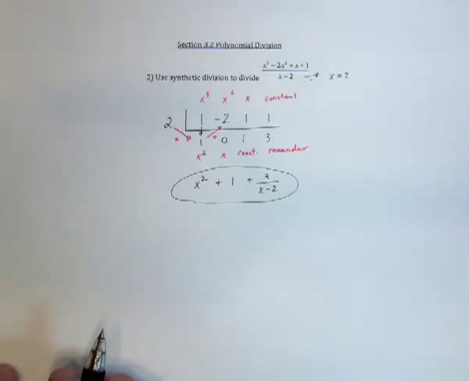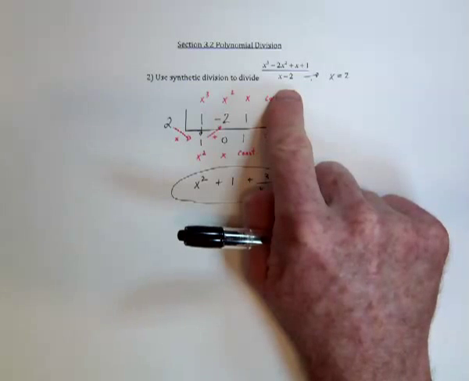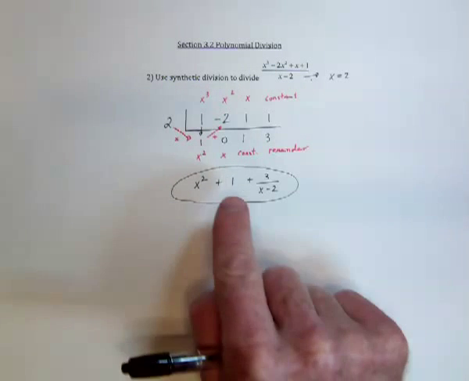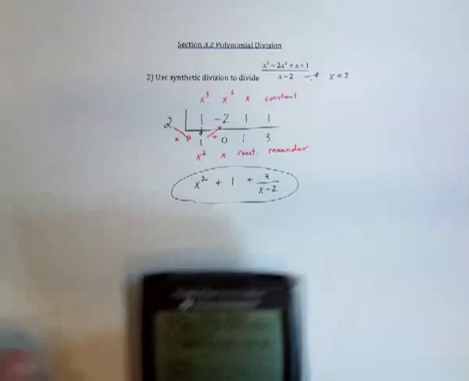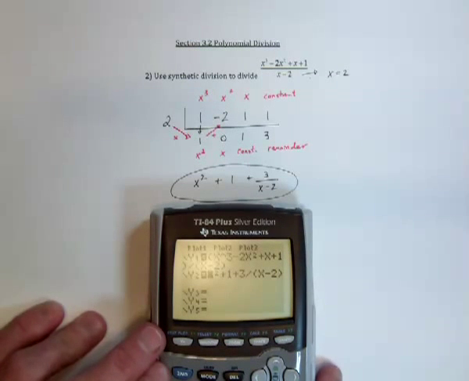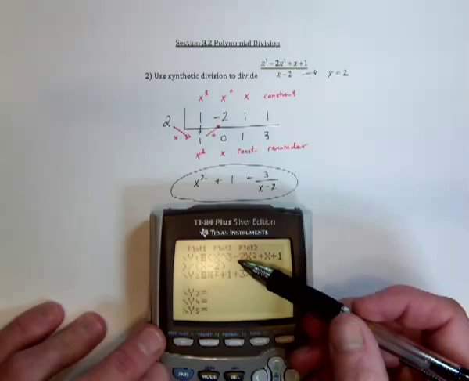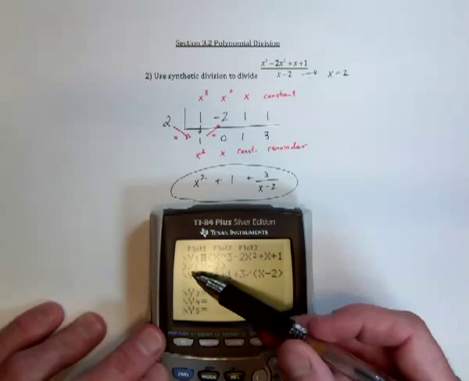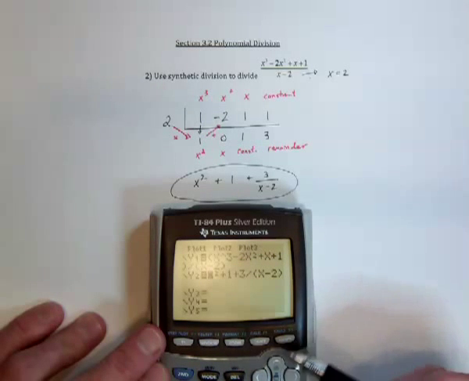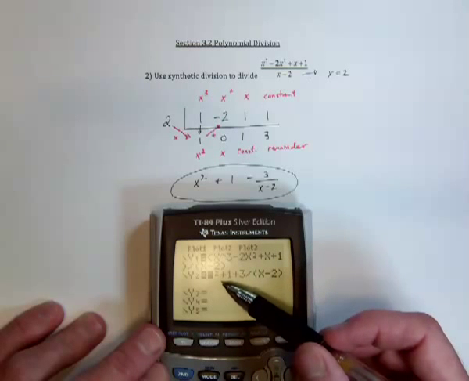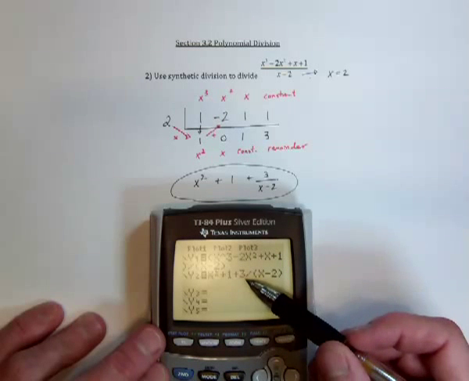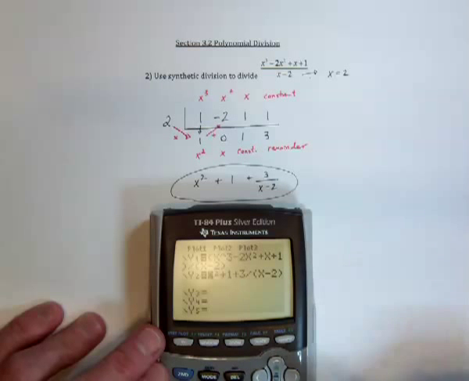So this is the result, and now we should be able to compare the original function and this one and see if they have the same graph. So you've got the original function in parentheses divided by x minus 2, and then the result was x squared plus 1, and here's the remainder divided by x minus 2.